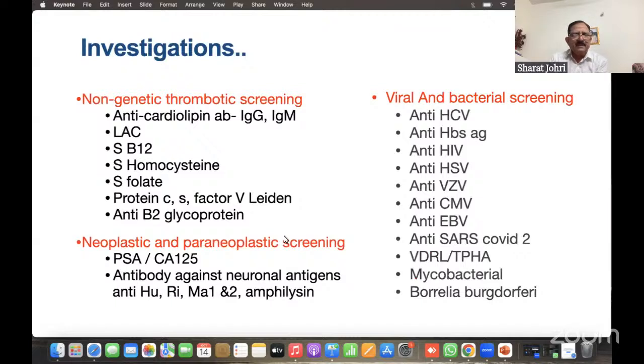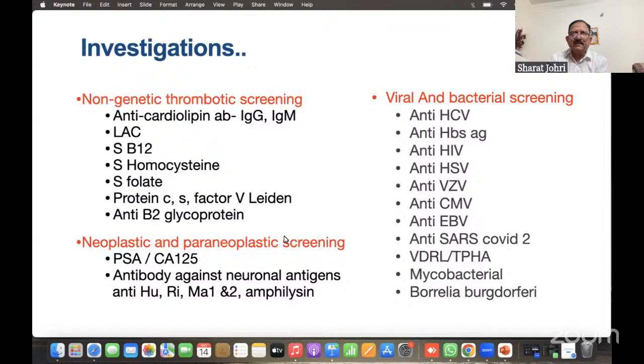Some neoplastic and paraneoplastic screening needs to be done: CA125, PSA, and antibodies against neuronal antigens like anti-Hu, Ri, Ma 1 and 2, and amphiphysin antibodies. And then we have to do screening for any infective process, either viral or bacterial.